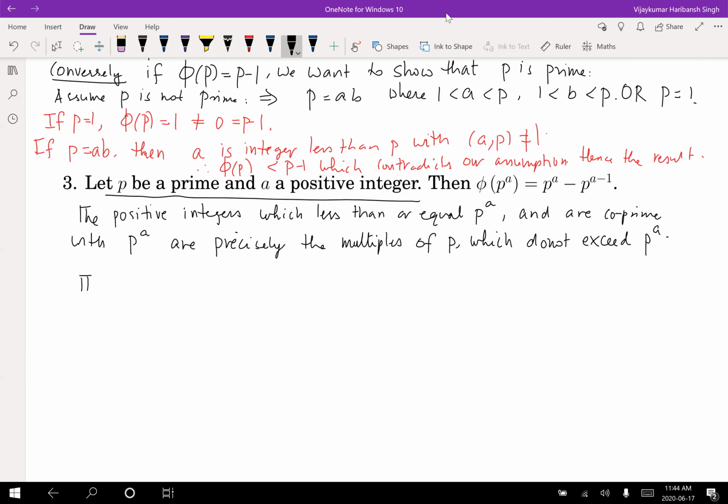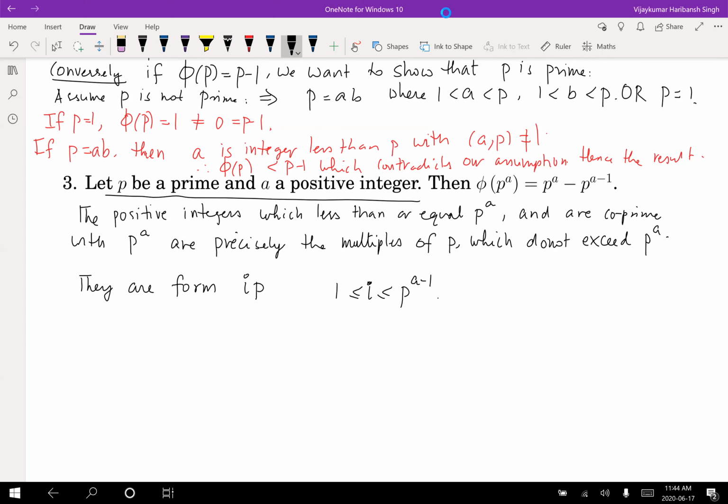They are of the form i times p, because they are multiples of p, so i has to go from 1 all the way until p to the power a minus 1, right? So these are all the multiples of p which do not exceed p to the power a.